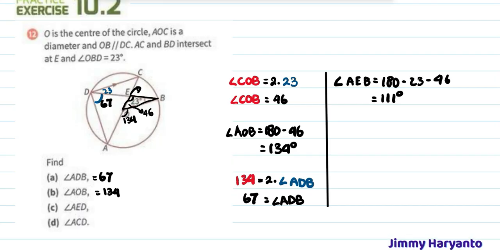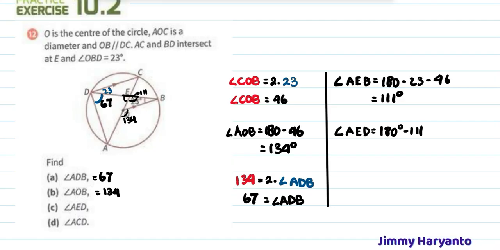So AEB equals 111. If this one is 111, that means this one will be 180 minus 111 using triangle. So angle AED equals 180 degrees minus 111 equals 69. So that one is 69.